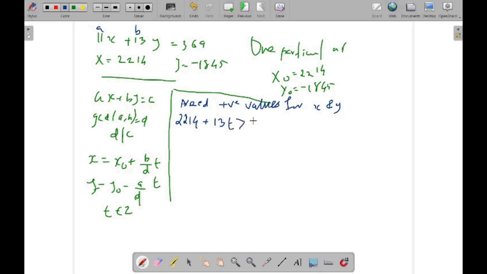This should be greater than 0. For this, t should be greater than minus 2214 divided by 13, which is equal to minus 170.31.